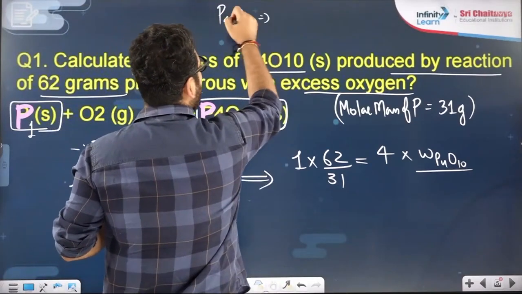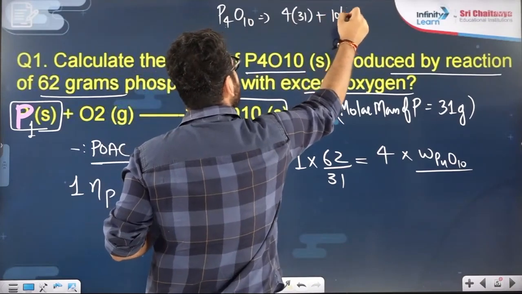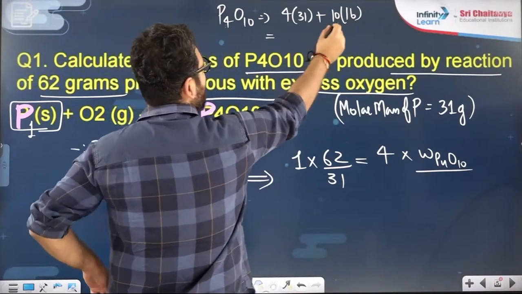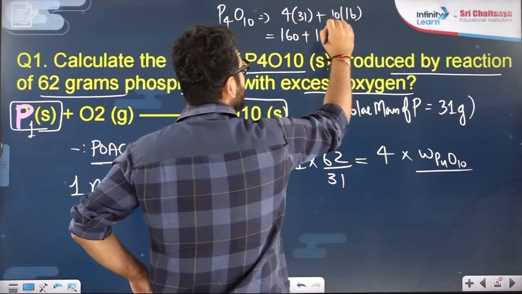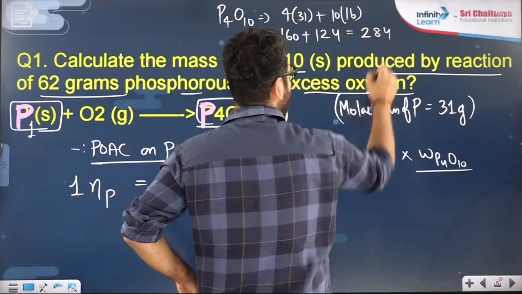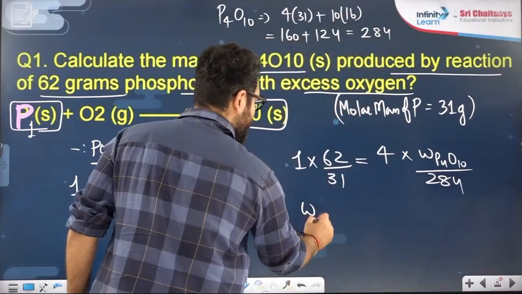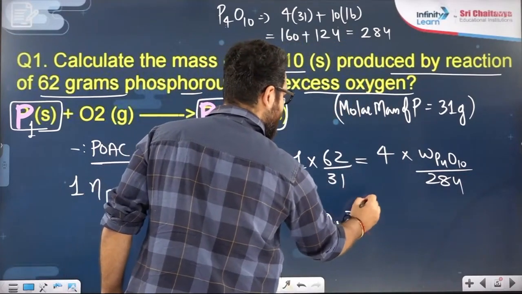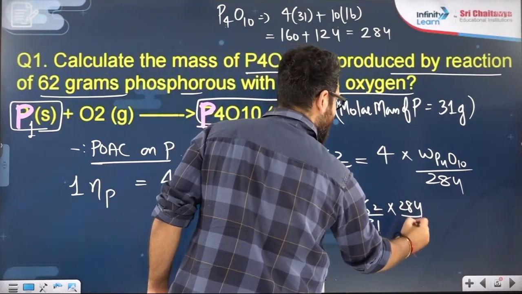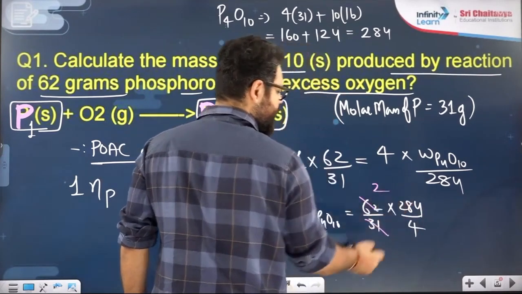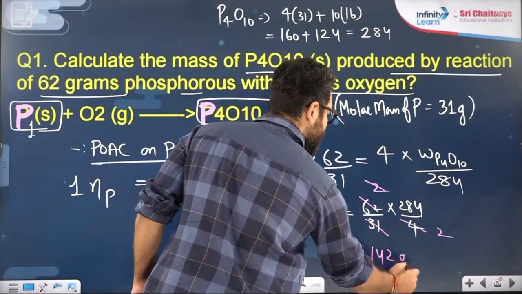It is 4 phosphorus, means 4 times 31 plus 10 oxygens, 10 times 16. 160 plus 124, which is 284. So I'll divide by 284. That's all. So weight of P4O10 comes out to be 62 by 31 into 284 by 4. 142 gram is the answer.